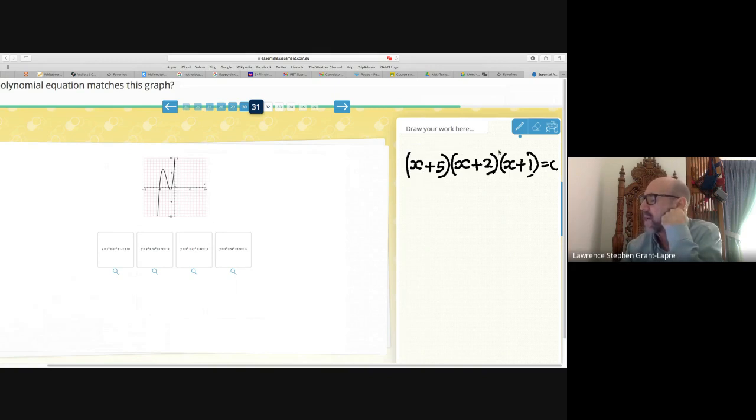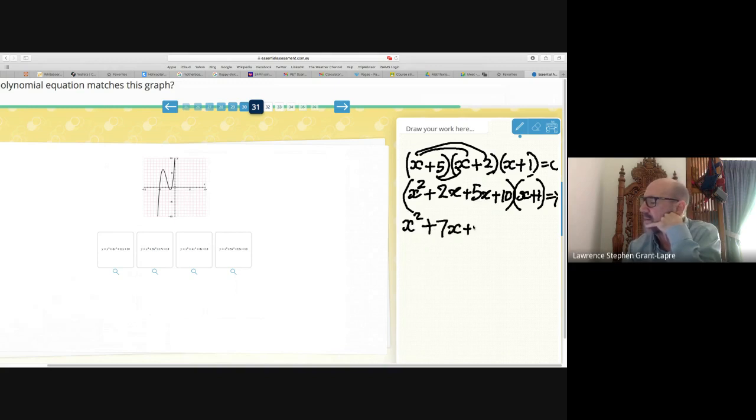So let's expand. I'll expand first to x squared, 2x, 5x plus 10. And we still have x plus 1 on the end there. I'm just going to let that equal y now. So x squared plus 7x plus 10.